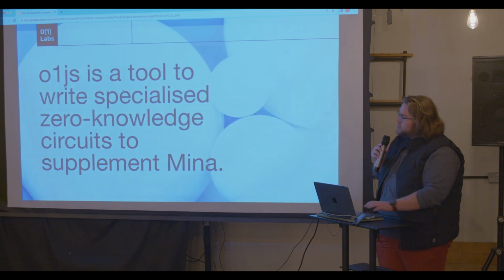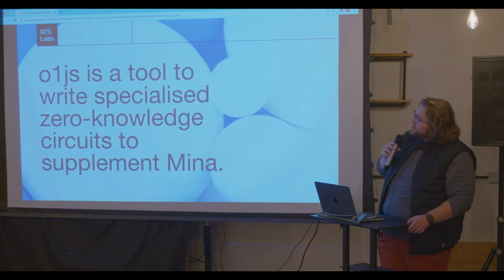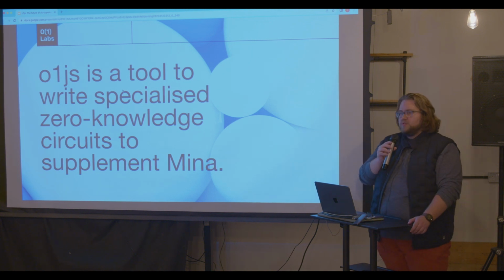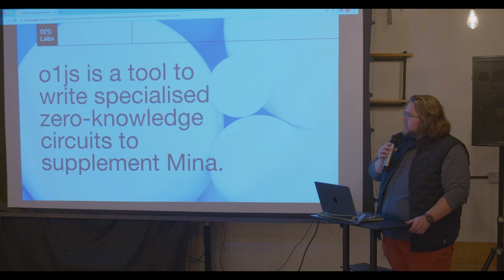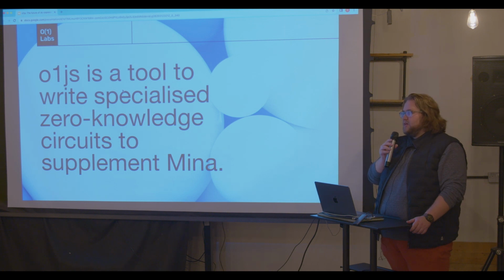So yeah, o1js is essentially a tool that allows you to write very specialized zero-knowledge circuits, and that supplement Mina. So some of you might ask, what are circuits? Circuits are just descriptions for algorithms that you can then cryptographically prove.